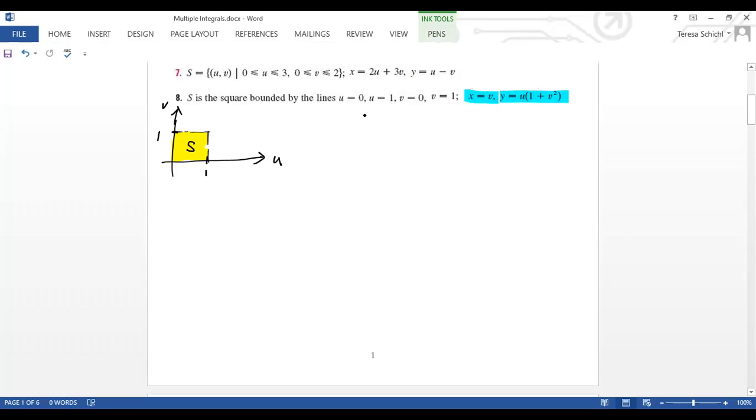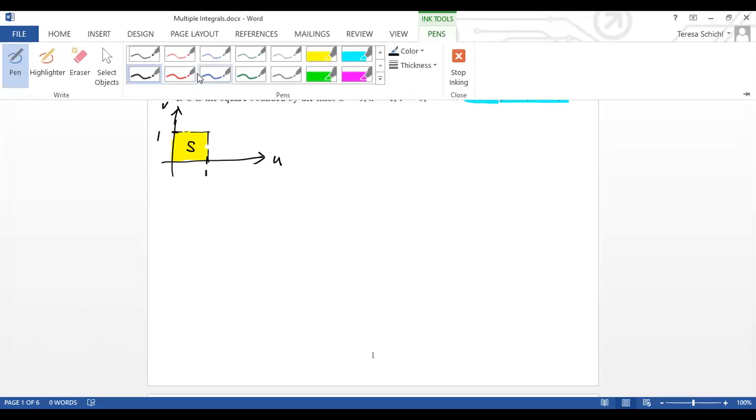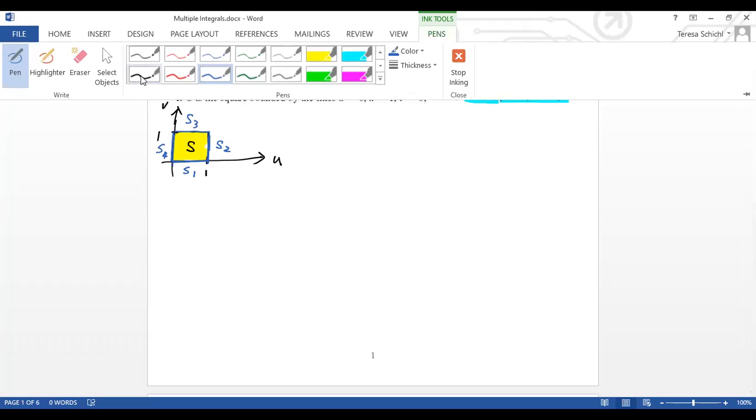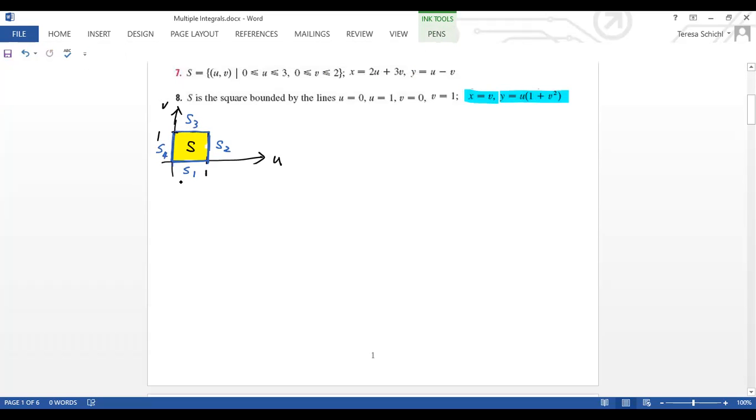Now let's take a look at what the original area is. In order to do that, let's call these boundaries S1, S2, S3, and S4. Now let's take a look at what the area was before the transformation, the boundary in the xy plane.